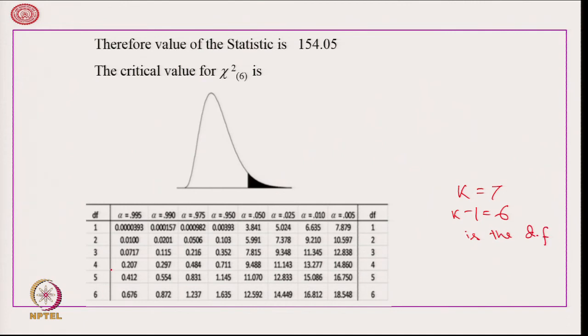Therefore, we look at chi-square with 6, and for 0.05 the critical value is 12.592. So first we look at what is the critical value at 1% level of confidence, that is 16.812, and at 5% level of confidence it is 12.592.